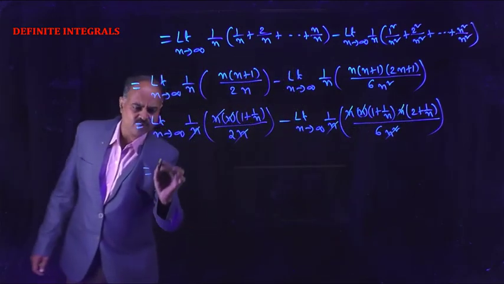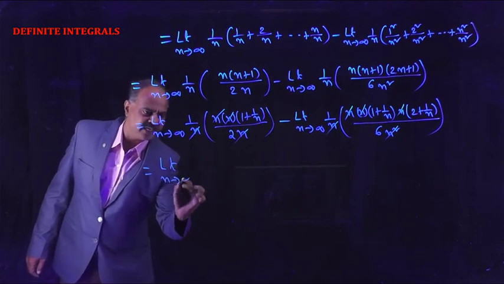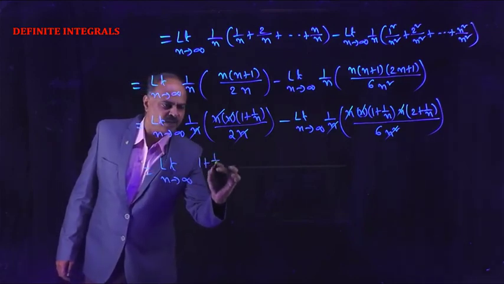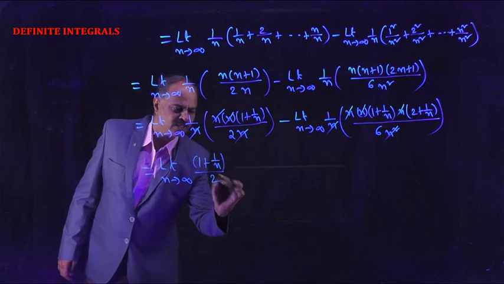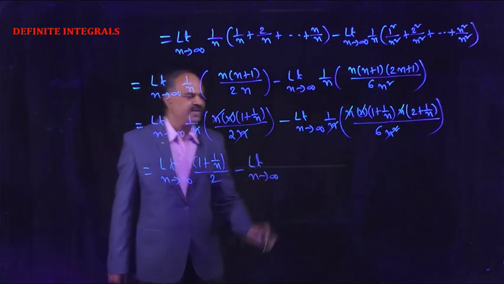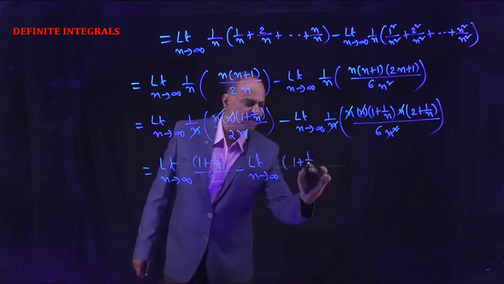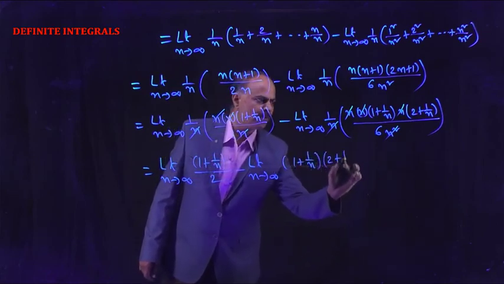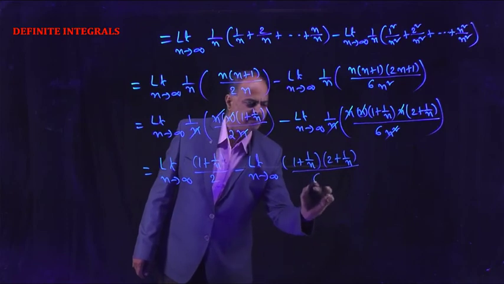Now this is equal to limit n tends to infinity 1 plus 1 by n by 2 minus limit n tends to infinity 1 plus 1 by n into 2 plus 1 by n by 6.